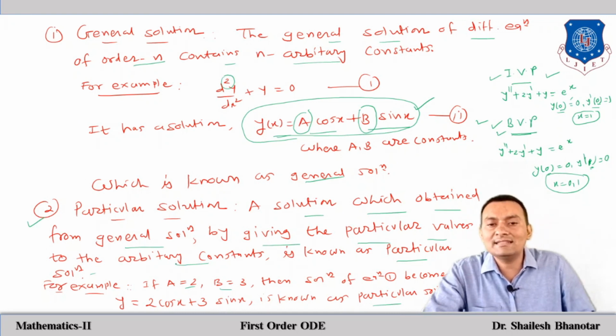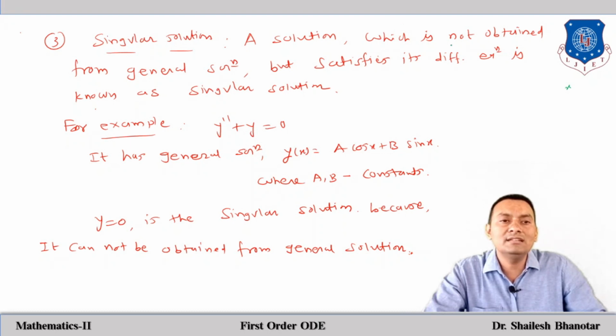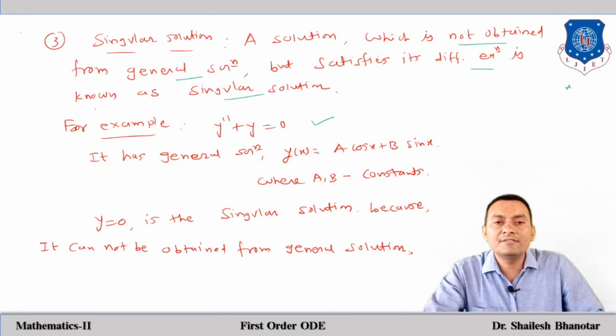So let us understand the next, the singular solution. A solution which is not obtained from the general solution but satisfies the differential equation is known as a singular solution. So let us talk about this differential equation. It has this general solution, but y is equal to 0 we cannot obtain from this solution.